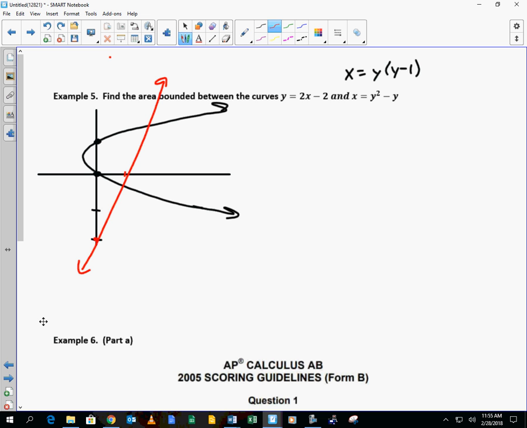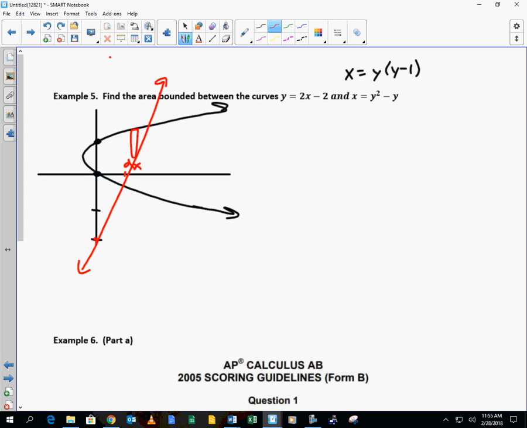Now you're used to identifying what's on top and what's on bottom. If you go top to bottom, that has a horizontal thickness of dx, that rectangle.